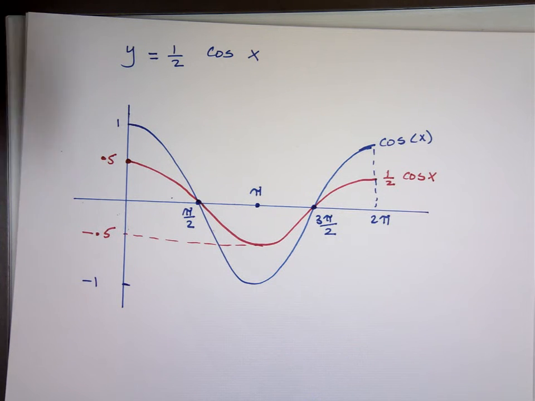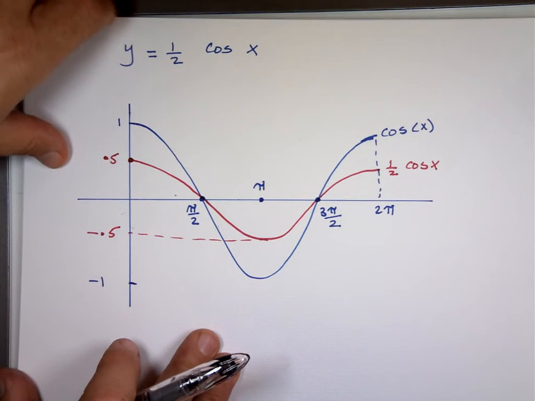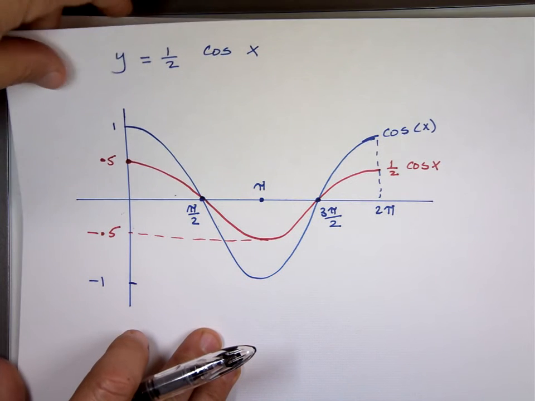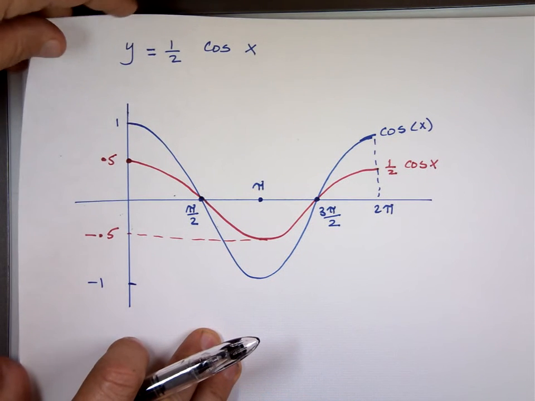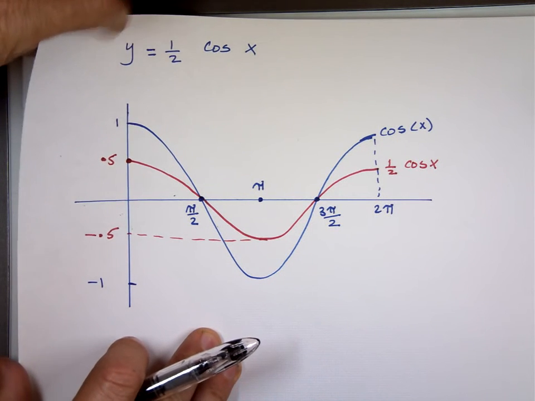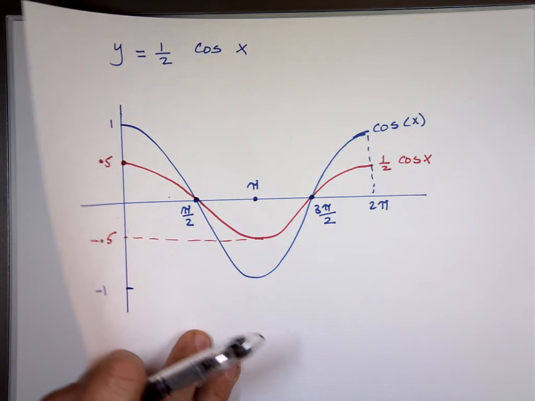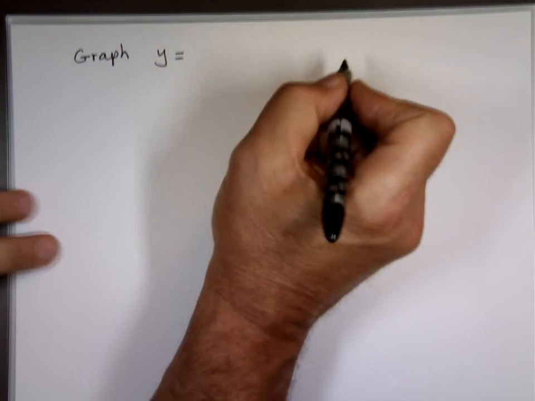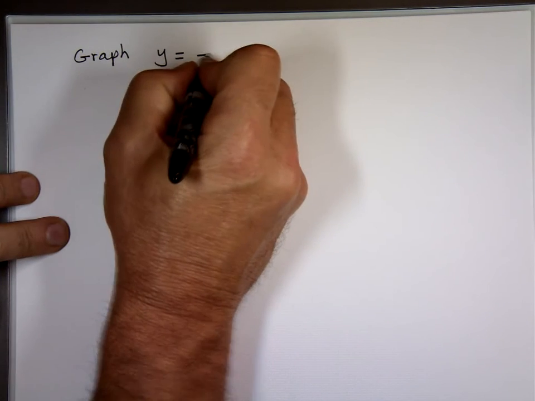Let's try a couple more examples. Graph y equals negative sine of x.